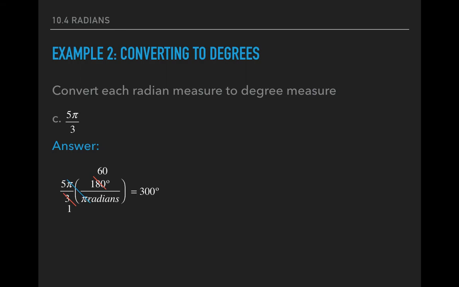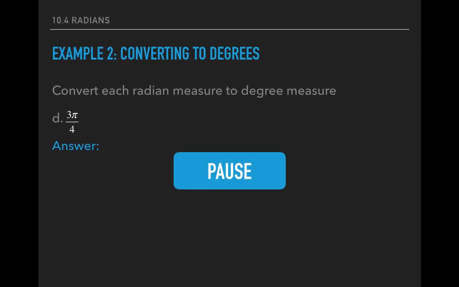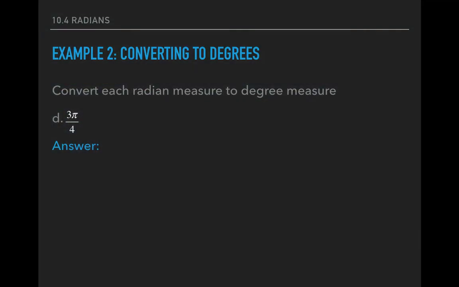All right, we have one more, and I again want you to pause and try this on your own. All right, let's try this together. Let's see if you have it correct.